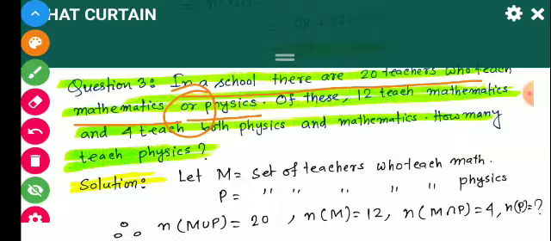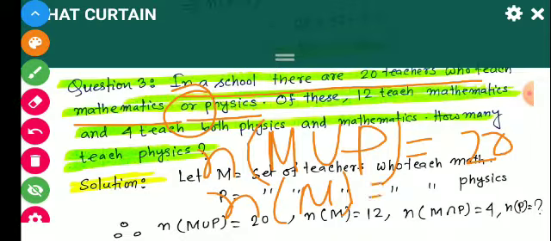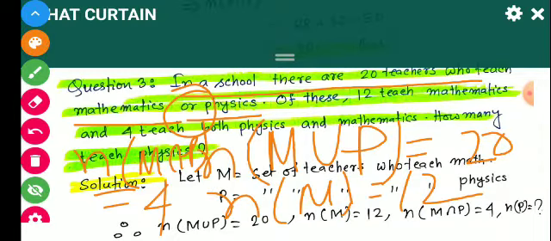So if mathematics is set M, physics is set P, then 'or' means M union P. Its number of elements is 20, and 12 teach mathematics, that means n of M equal to 12, and 4 teach both physics and mathematics, that means M intersection P is given as 4.